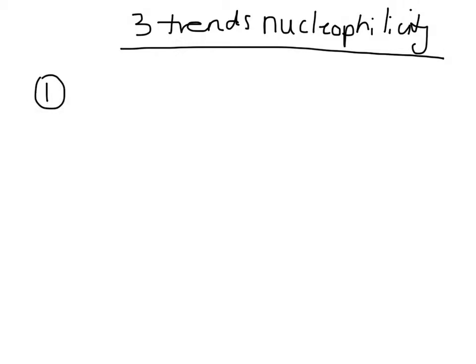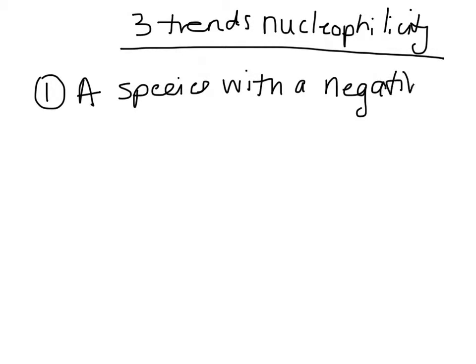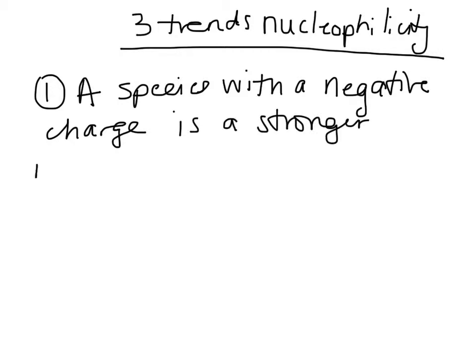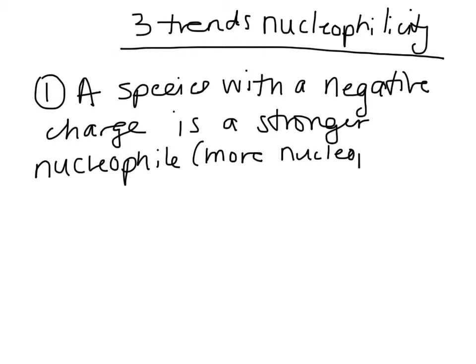The first one is a species with a negative charge is a stronger nucleophile, more nucleophilic, than a neutral species.